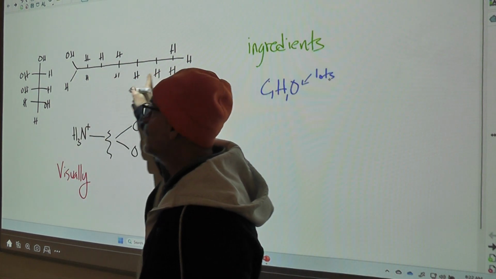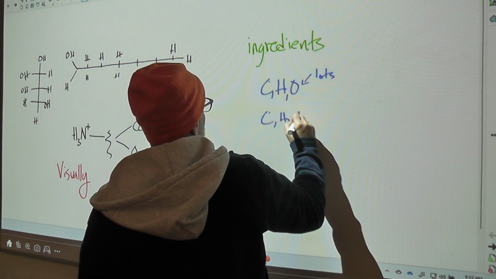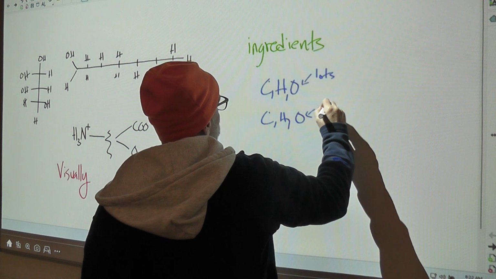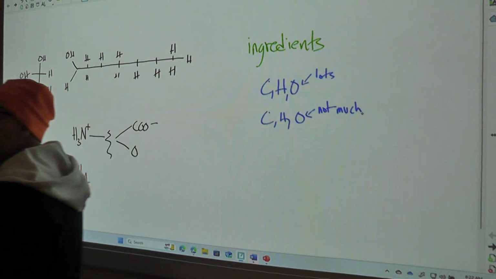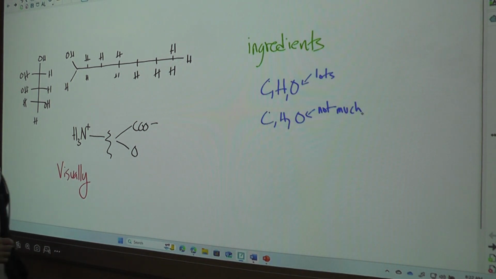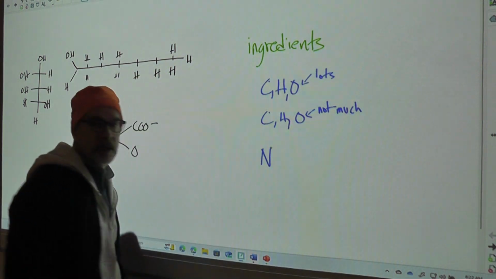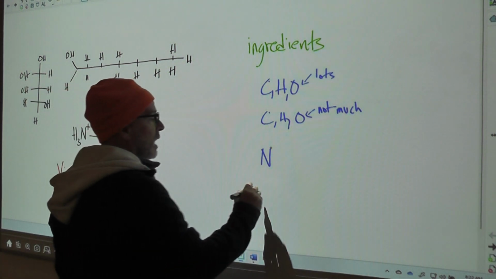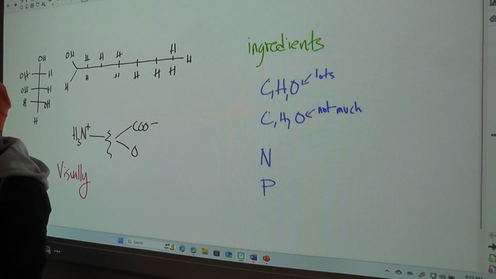It was a little bit different because it had carbon, hydrogen, and oxygen, but it didn't have much oxygen. That's one pattern that you might have noticed. You might have also noticed that some of them had nitrogen in them. Some of them had phosphorus. You might not have known what these letters meant, but you would have seen them.